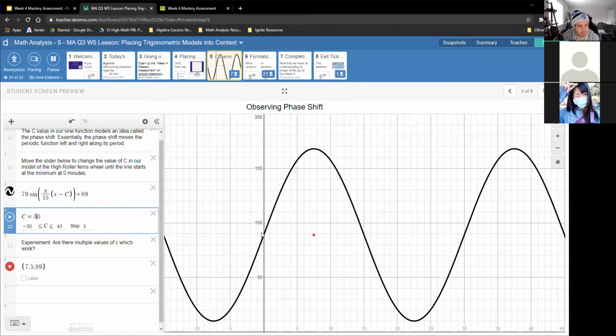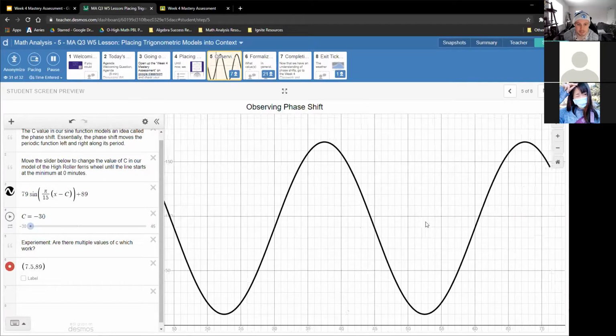Nothing changed. Even if I make it negative 30, nothing changes because I'm moving it in whole periods. And if something is a wave and it repeats itself infinitely, then shifting that over one full period will literally not change anything visually because it's still going infinitely the exact same pattern.